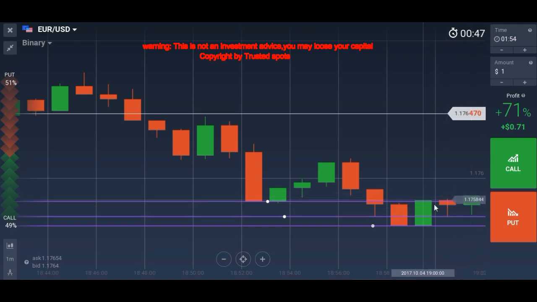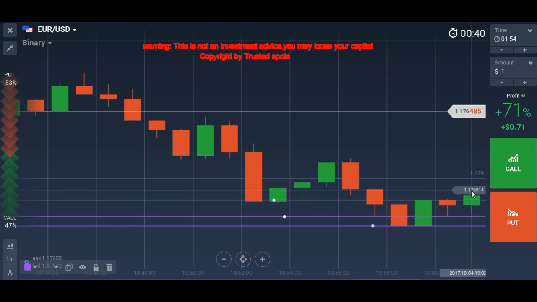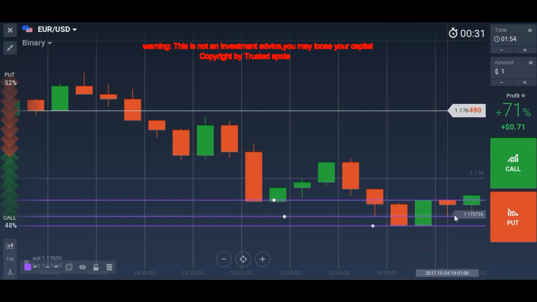But what about now? You can see that this is a clear breakout. This was a resistance that is now a support for us. So it is clear that the market will go up. It is sure, because you can see the 2 wicks.